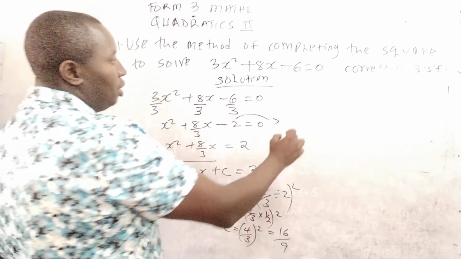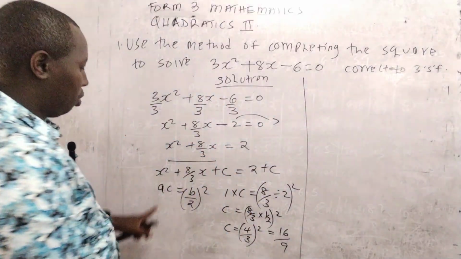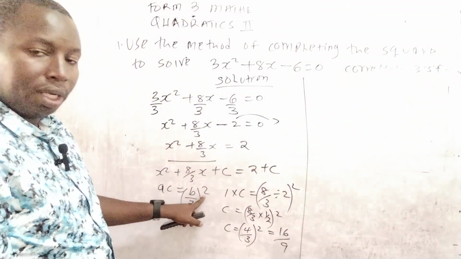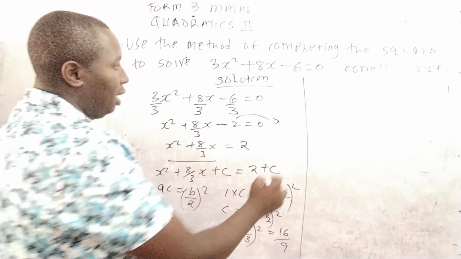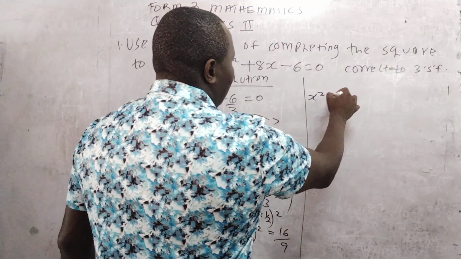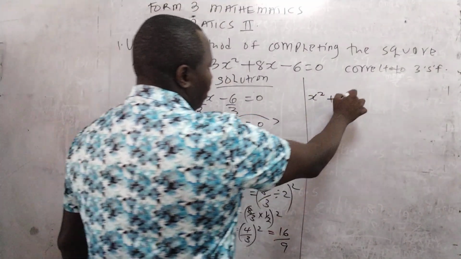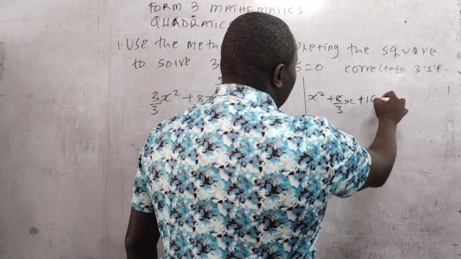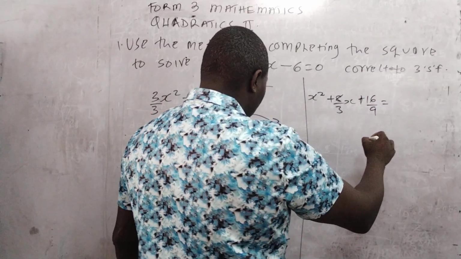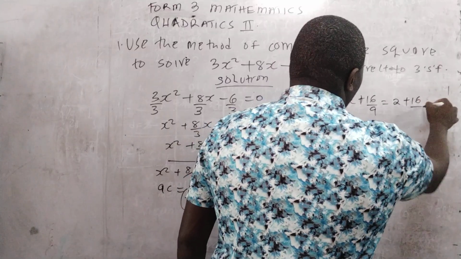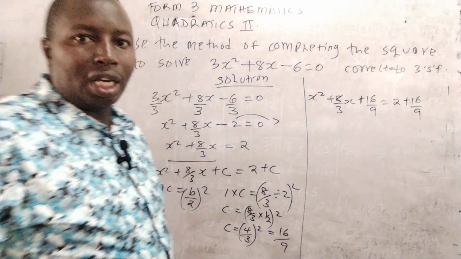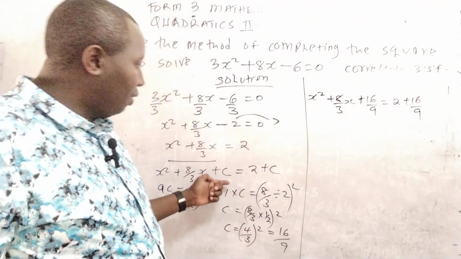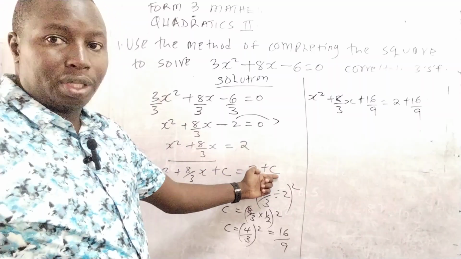Once you get that, you have already got c. You say x squared plus 8 over 3 x plus 16 over 9 is equal to 2 plus 16 over 9. The c that you have added here is the same you add on the other side.